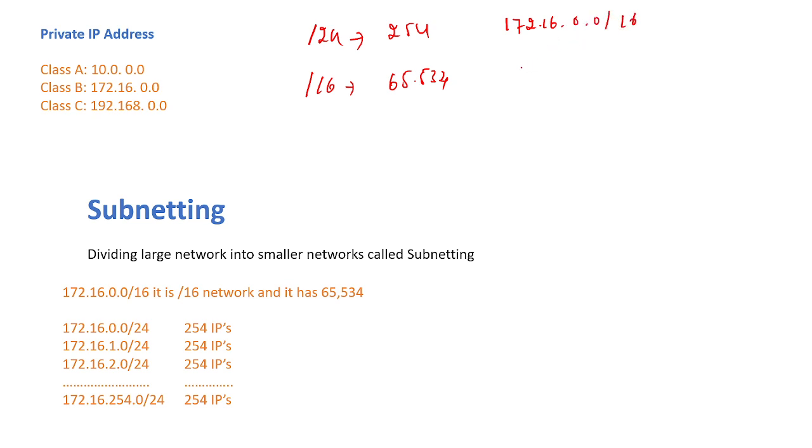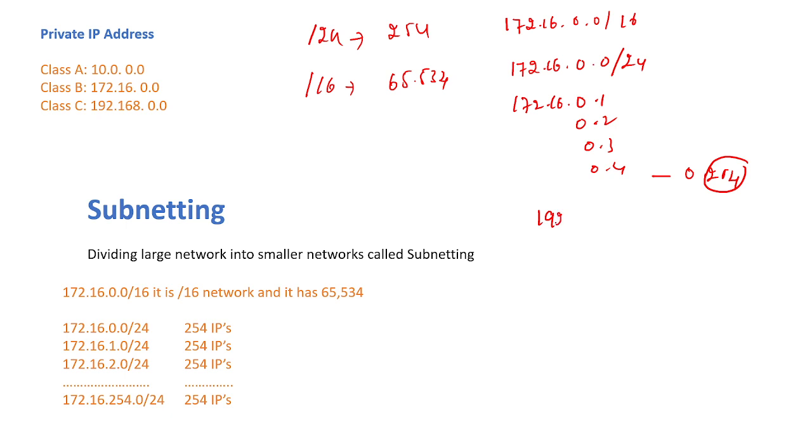The first subnet here is 172.16.0.0 slash 24. If you write 172.16.0.1, 0.2, 0.3, 0.4, up to 0.254. As soon as you reach the last number 254, then the second number is increased by 1.